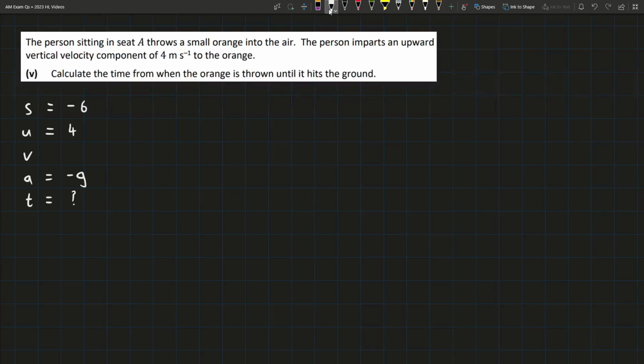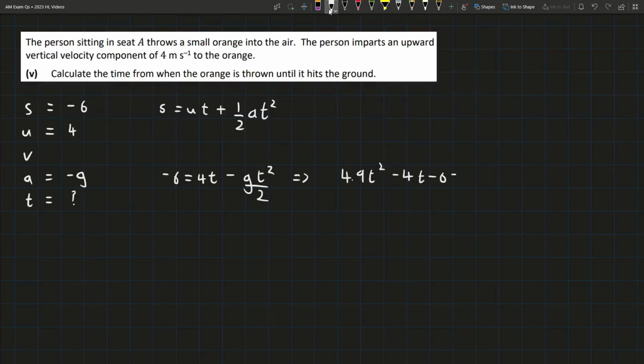So SUVAT, that's s equals ut plus a half at squared. So minus 6 equals 4t minus g t squared over 2. Now we can rearrange this to get a quadratic in t. So we can say that 4.9 t squared minus 4t minus 6 will be equal to 0.